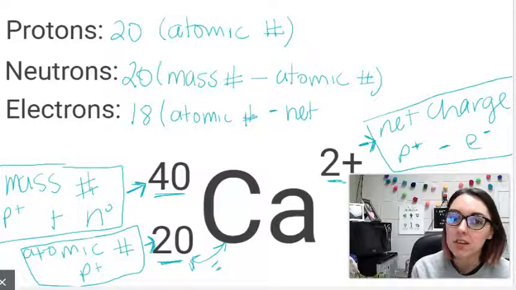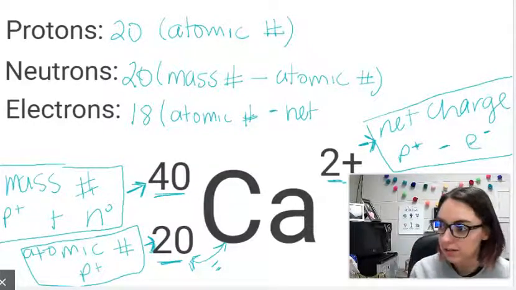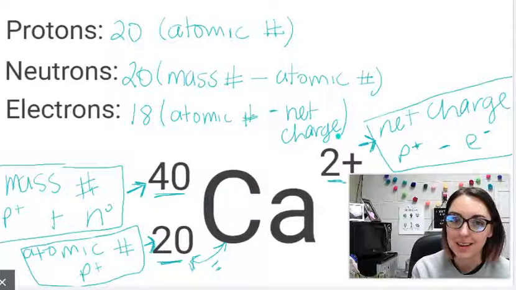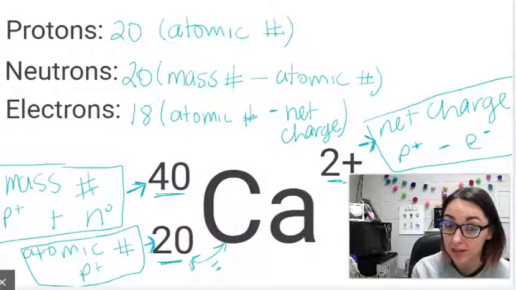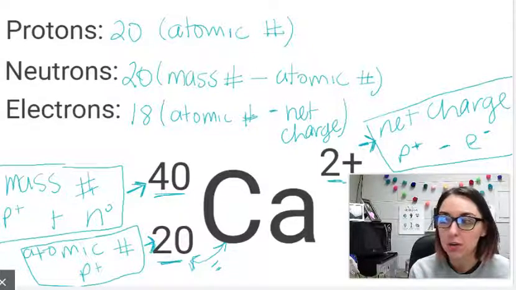So I just subtracted out what my difference was. I knew I have more protons because it's positive. So I have 18 electrons. So 20 minus 18 would give me plus 2.